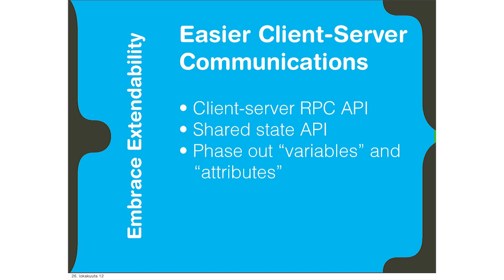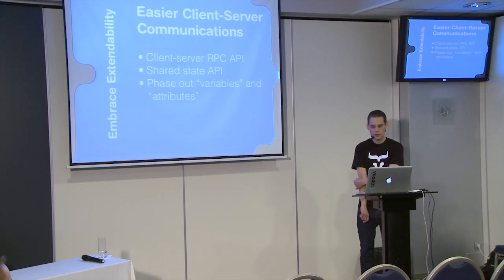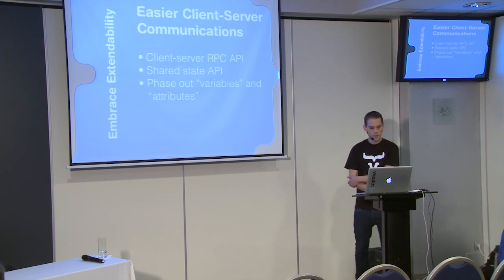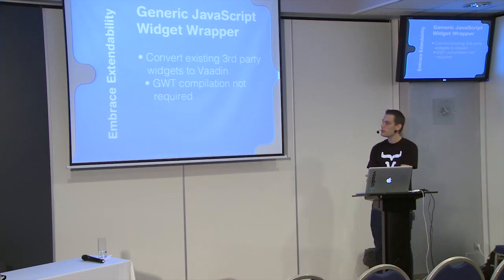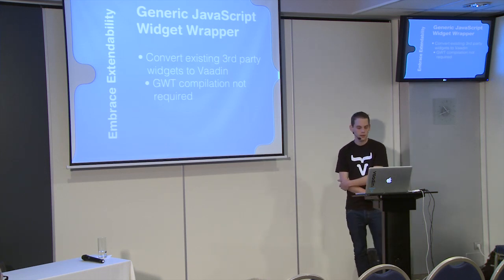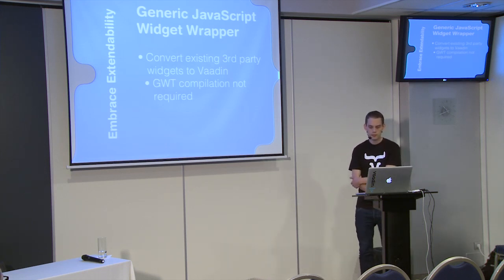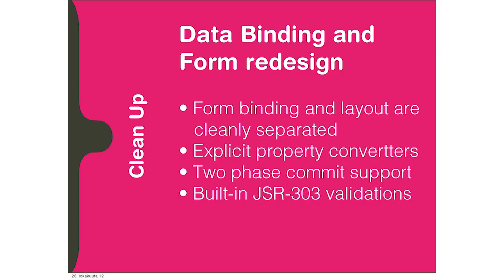This is important when you create your own custom widgets or you do some client-side stuff with Vaadin. We also provide an easier way to integrate normal JavaScript widgets into Vaadin, and in this case you don't even need to recompile the widget set.